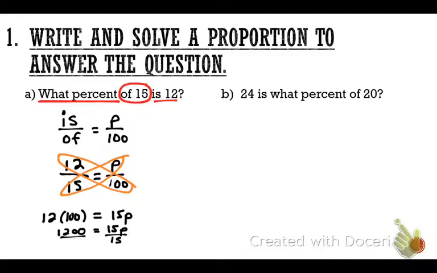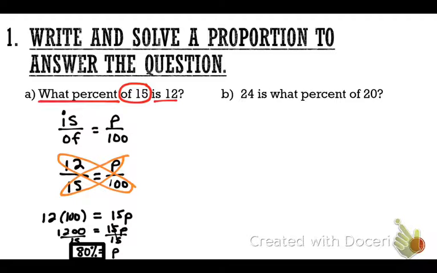Divide by 15 on both sides. Guys, what's 1200 divided by 15? 80. Now here's the question. If I go back to my original problem up here, it says, what percent of 15 is 12? So what's my answer? 80%. So make sure you put that percent there because it's asking you what percent it is. So the final answer is 80%.